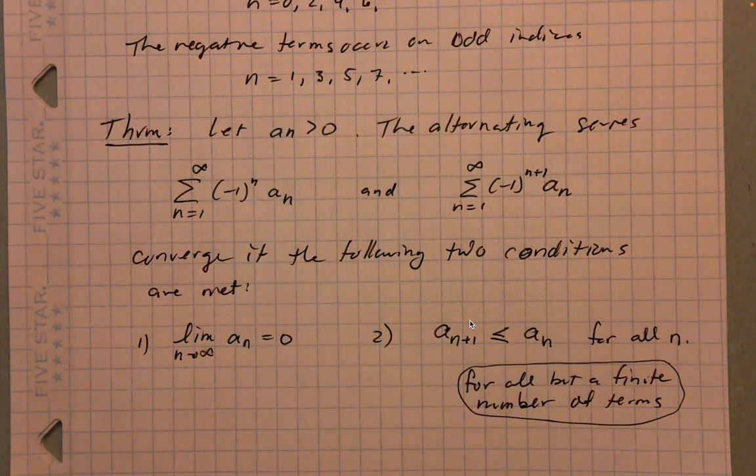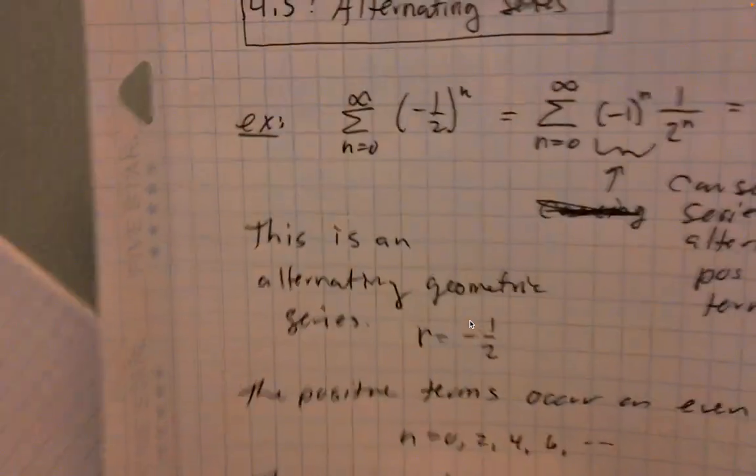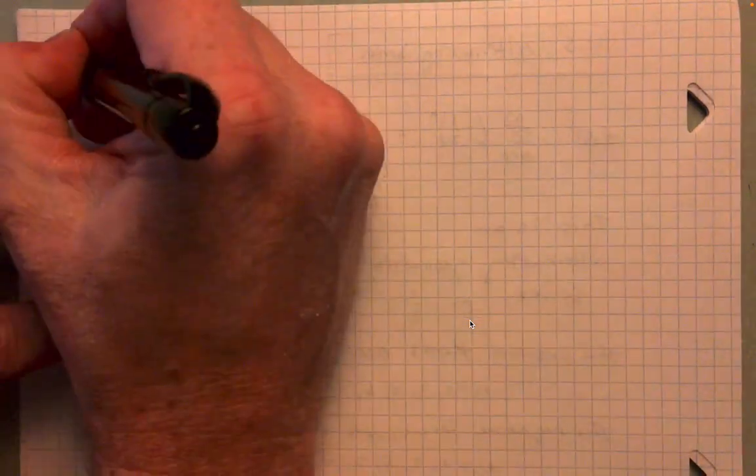Namely, as you go further out, the terms get smaller. Okay, so let's go ahead and prove this theorem. It isn't too difficult. It requires a little bit of algebra and some reasoning, but it is not beyond the scope of calculus 2. So let's take a look at it.